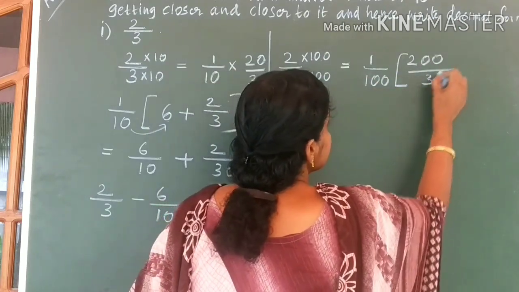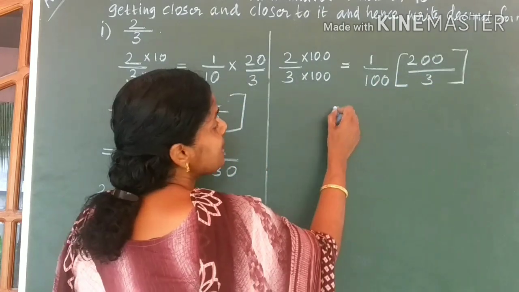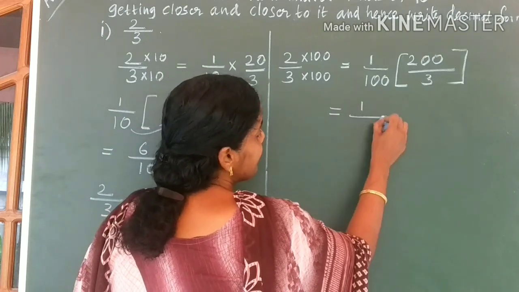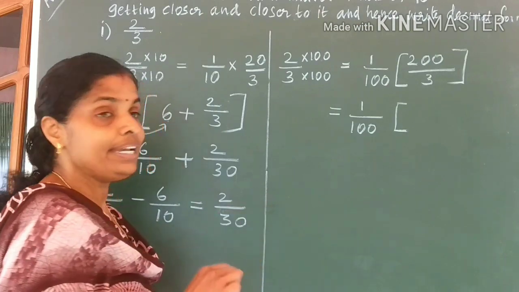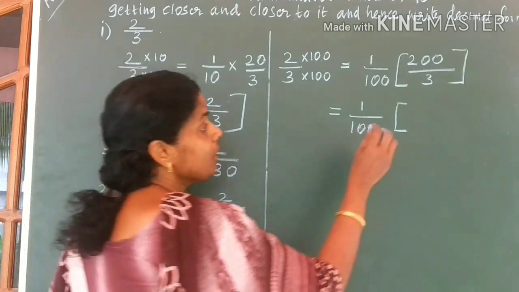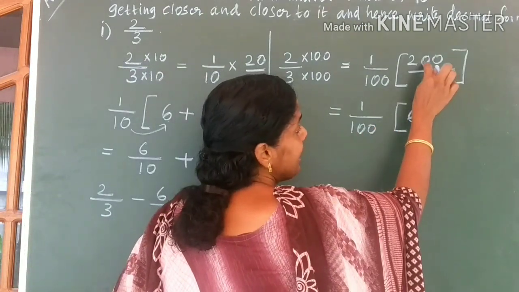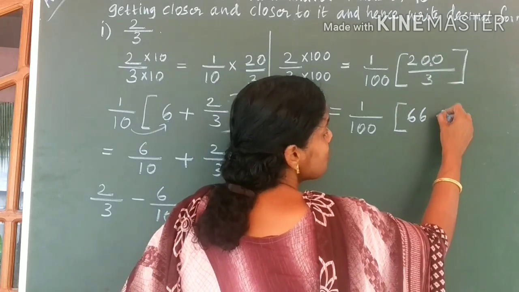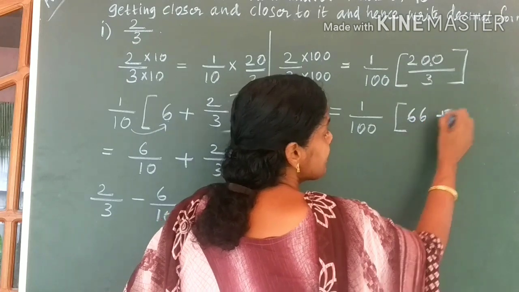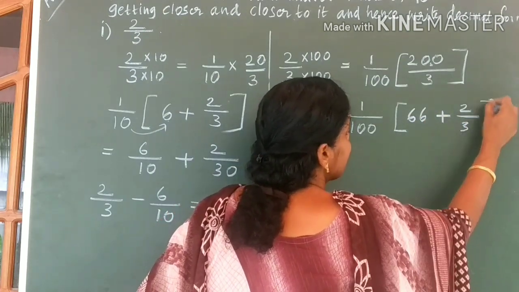Denominator is just 3. What is your next step? You can write 1 by 100 into 200 divided by 3. You know 6 threes are 18, 2 balance, 6 threes are 18. So you can write it as 66 2 by 3.